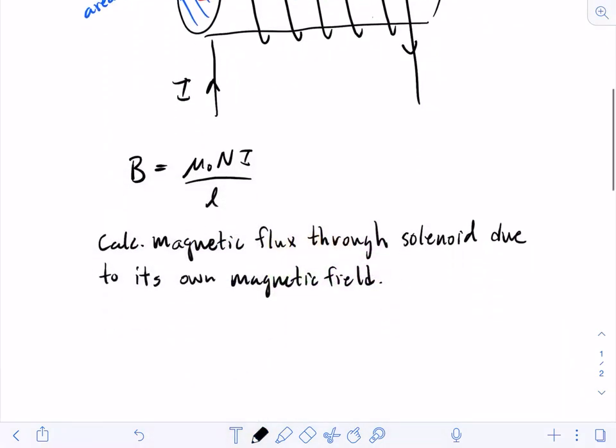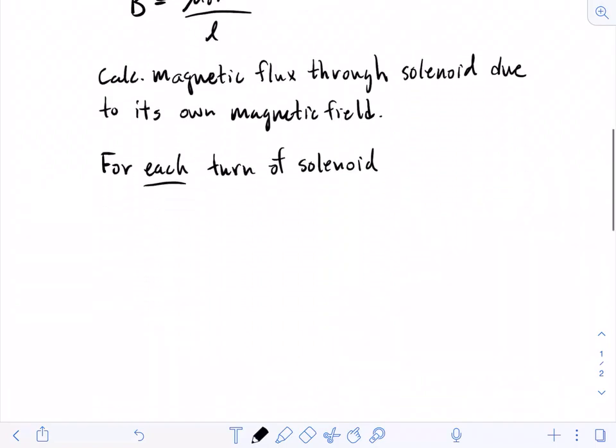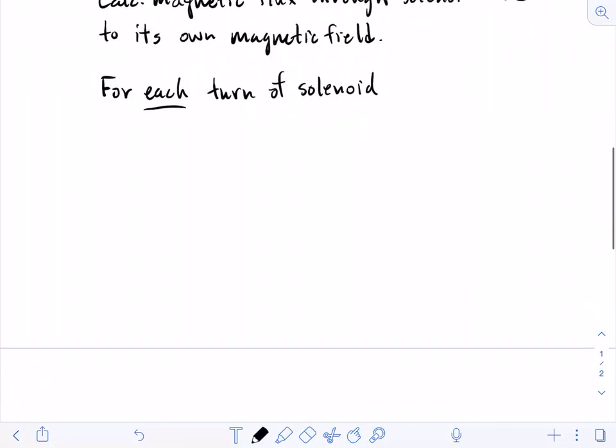Okay, so for each turn of the solenoid, let's just draw a single turn of our solenoid.